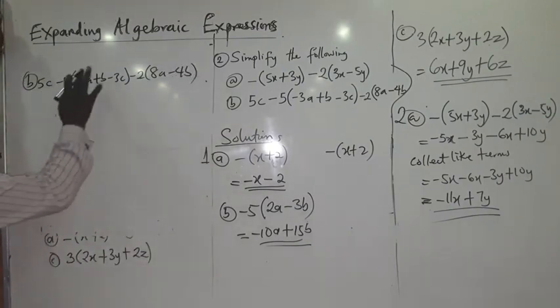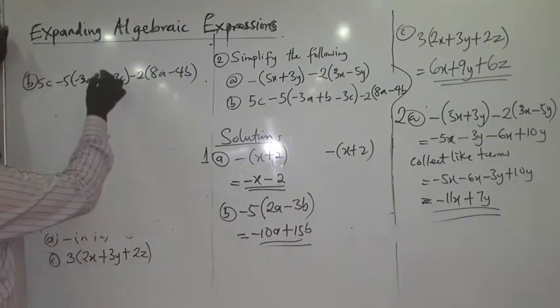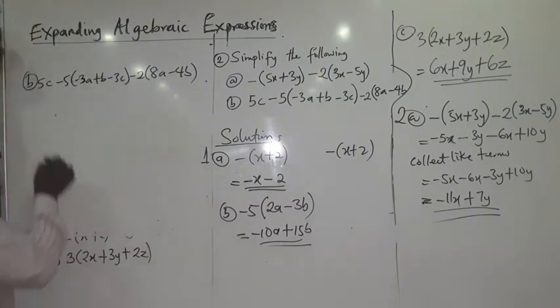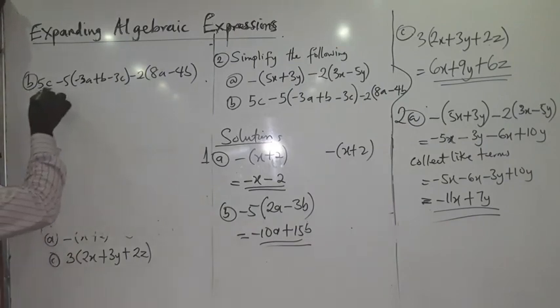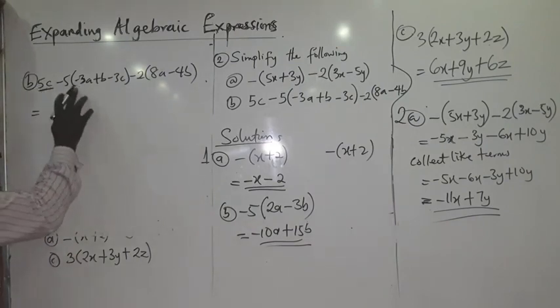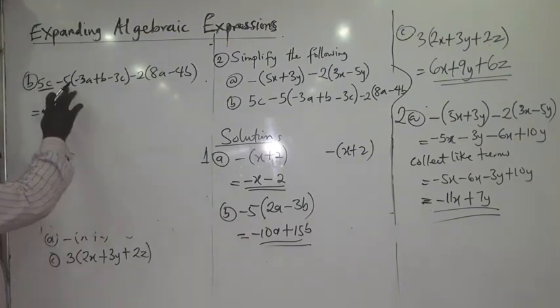You notice that in this one, the number of terms is more than 2, right? So we do the same thing. We use the term we have outside the bracket to open it. We are not going to make use of 5c. What is closer to the bracket is minus 5, so we're making use of this.